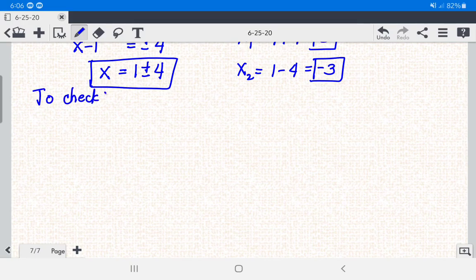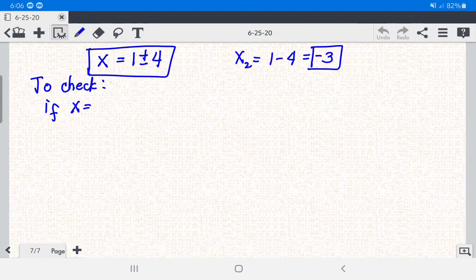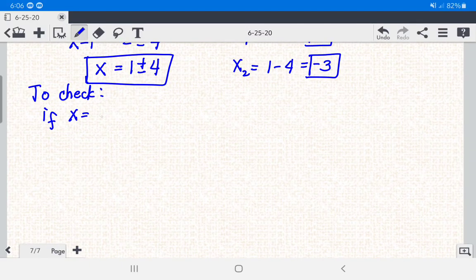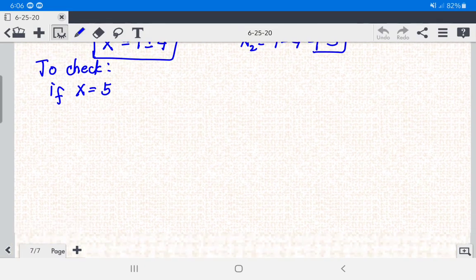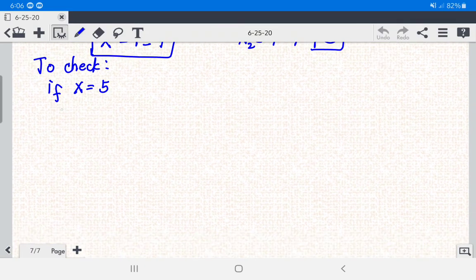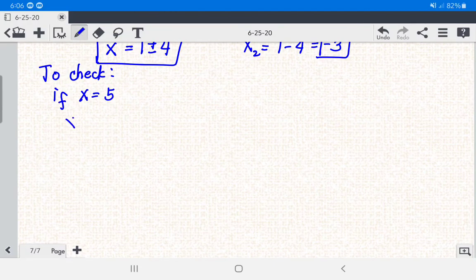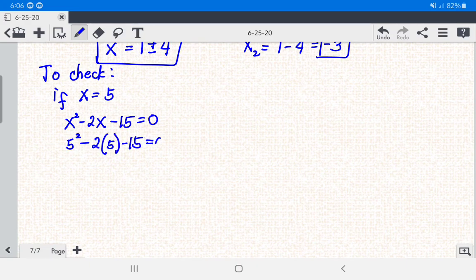To check if x is equal to 5, using the original equation, we have x squared minus 2x minus 15 equals 0. Substituting, we have 5 squared minus 2 times 5 minus 15 equals 0.